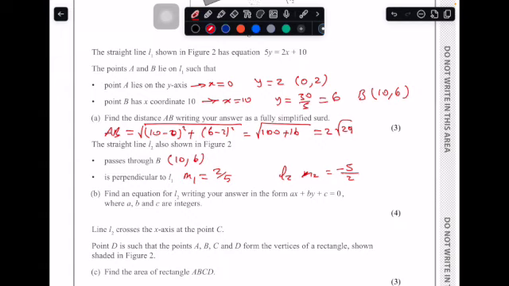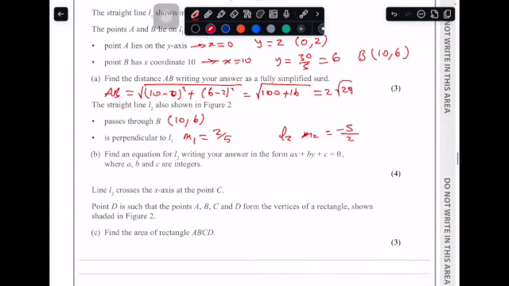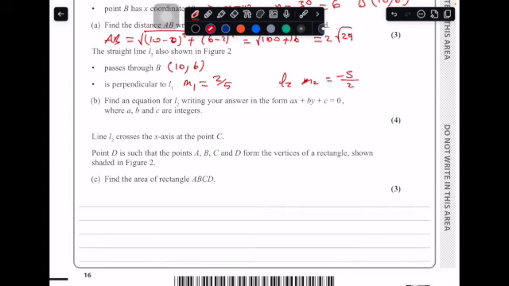Looking at the equations, find the gradient from the equation of L1 and then get the negative of the reciprocal. Find the equation of L2. We are going to use the point B, which is 10 and 6, and the gradient negative 5 over 2.